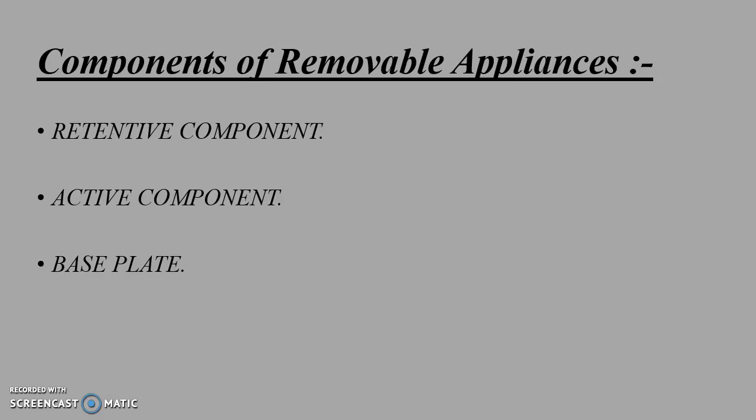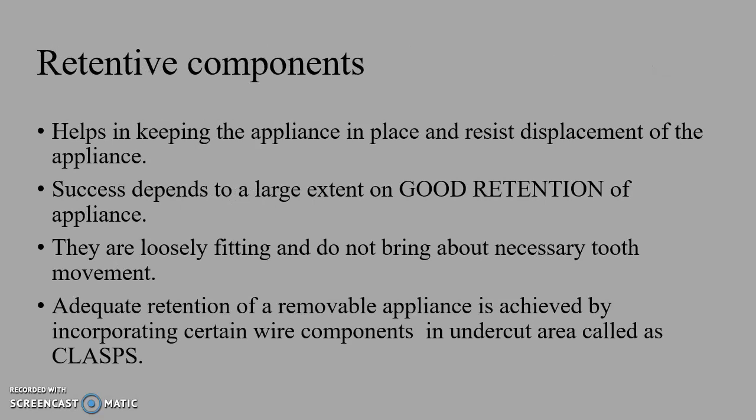You all might be knowing about a Hawley appliance. There is a labial bow, there is an Adams clasp on the posterior region on the molars, and there is an acrylic base plate on the palatal side, right?